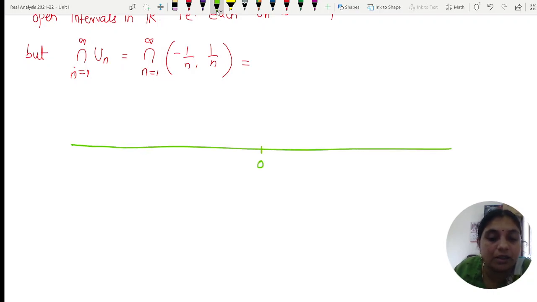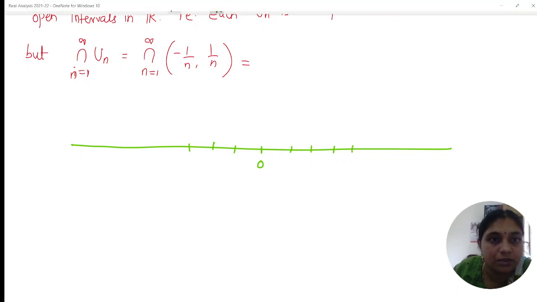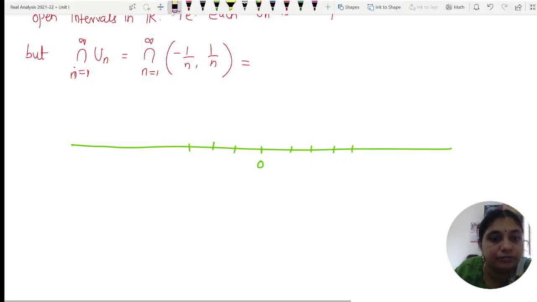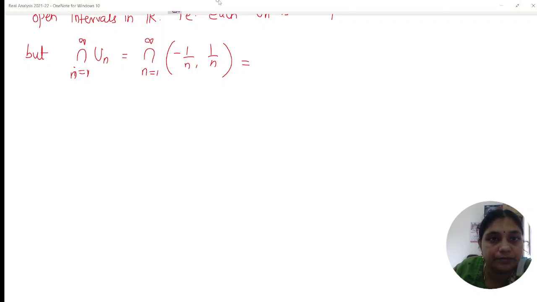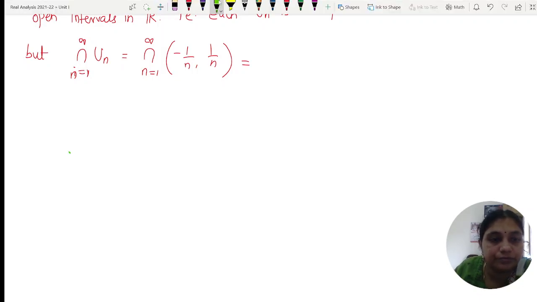This is the real line. For n equal to 1, what is this set? This is (-1, 1).